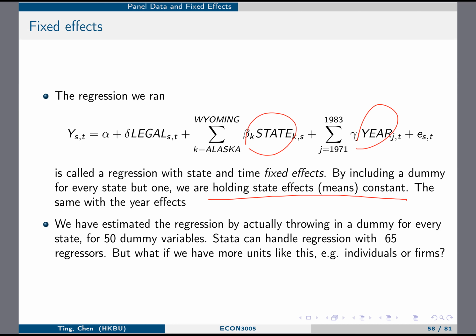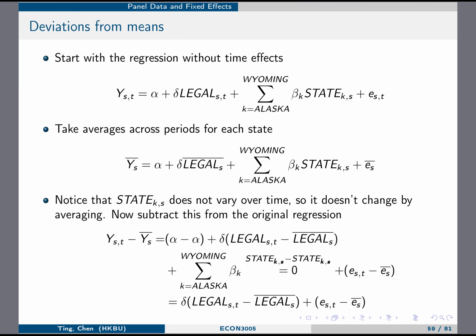What do I mean? We start with a regression without time effects. We only add the one dimension of the fixed effect, that is state.